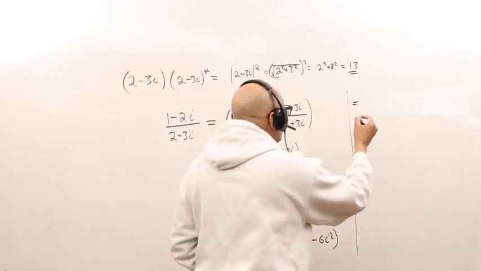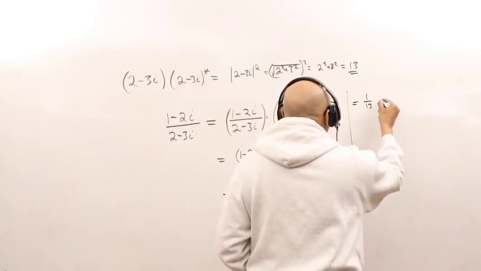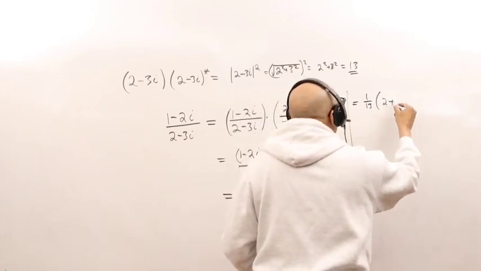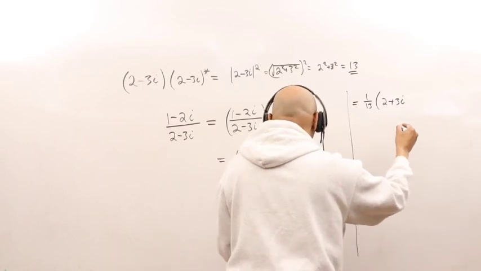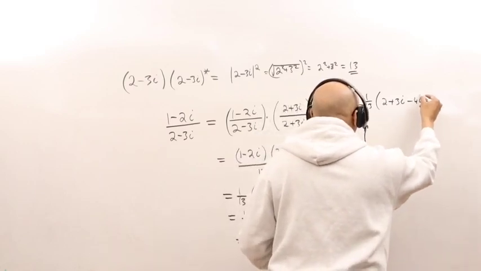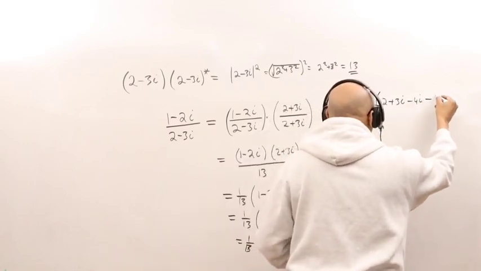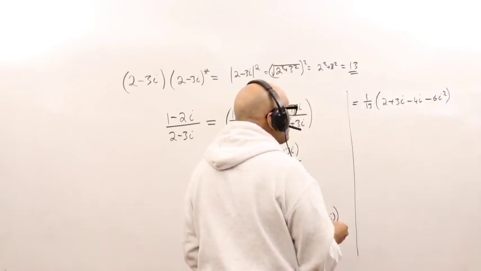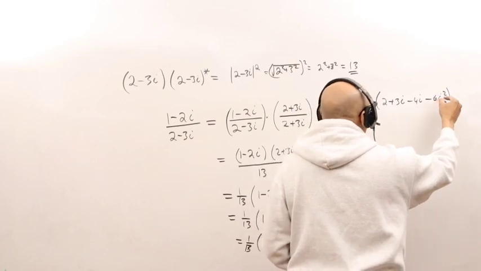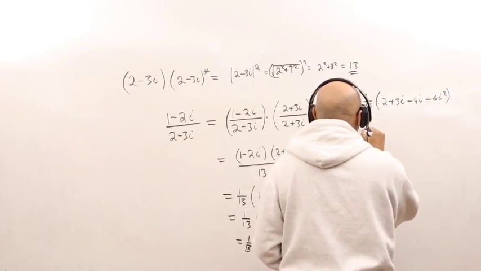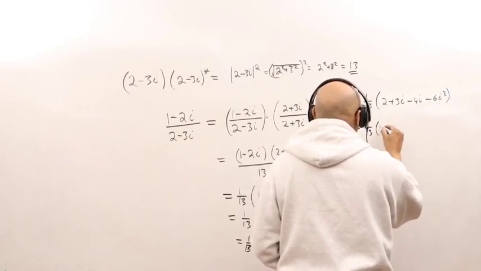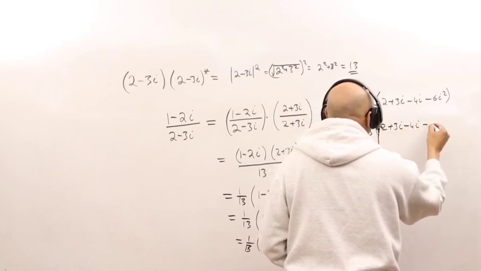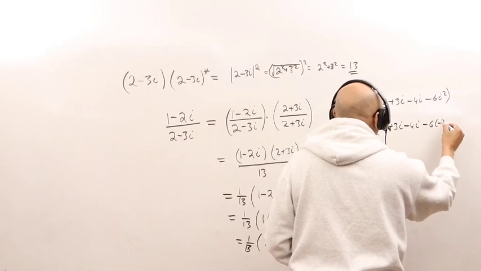So we're left with, so far, 1 over 13 times (2 plus 3i minus 4i minus 6i squared). Notice that i squared is equal to minus 1, so we can convert this to minus 1. So this becomes 1 over 13 times (2 plus 3i minus 4i minus 6 times minus 1).